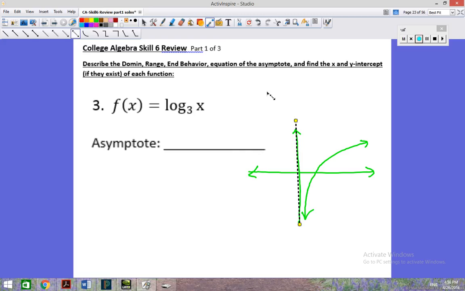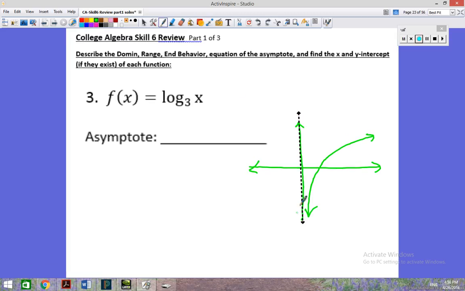We have seen in the past, when we studied rational functions, that vertical lines are x equals, horizontal lines are y equals. This y-axis is the line x equals 0. So let's be more specific. If they're asking me about the asymptotes of this graph, there is no horizontal asymptote.